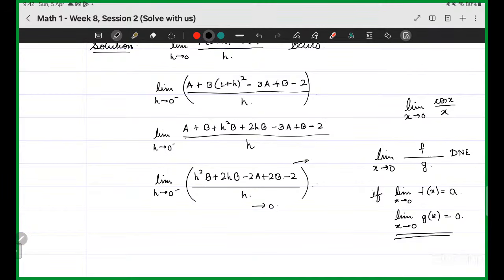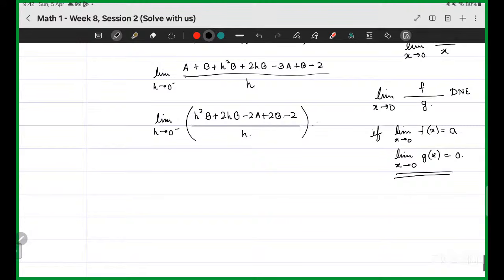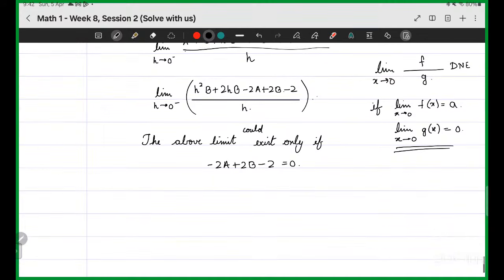It would exist only if minus 2a plus 2b minus 2 is equal to 0. So this gives me the equation a minus b plus 1 is equal to 0, so b equal to a plus 1.